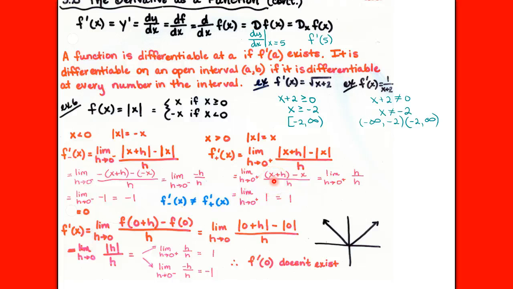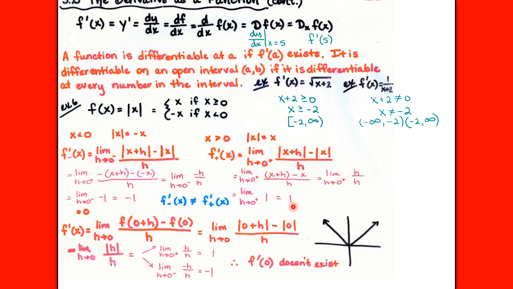So absolute value of x plus h would be x plus h, and the absolute value of x would just be x. So x plus h minus x is going to leave me just h in my numerator. H over h simplifies down to 1, and the limit of any constant is that constant.